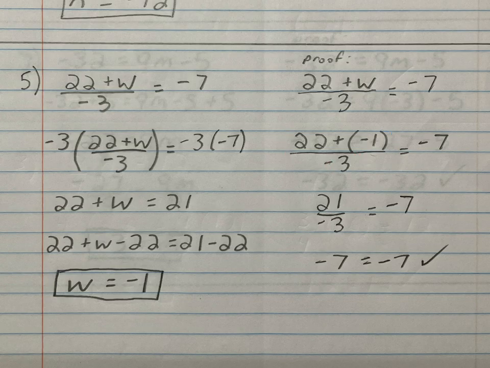So 22 plus negative 1, it's the same as 22 minus 1, which is 21. That resolves to 21. Everything else is written exactly the same. And now on this line, 21 divided by negative 3, positive divided by negative is negative. 21 divided by 3 is 7, so negative 7 equals negative 7. Check.